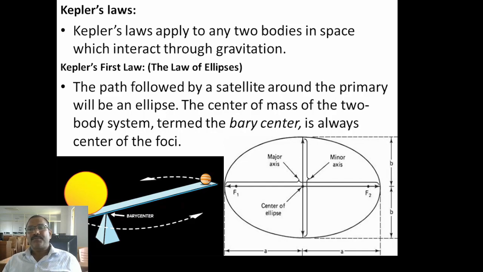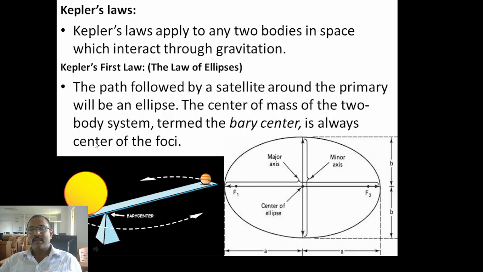The center of mass of these two-body system is termed the barycenter. It is also the center of foci. According to Kepler's first law, all the planets revolve around the sun in elliptical orbits, having the sun at one of the foci.